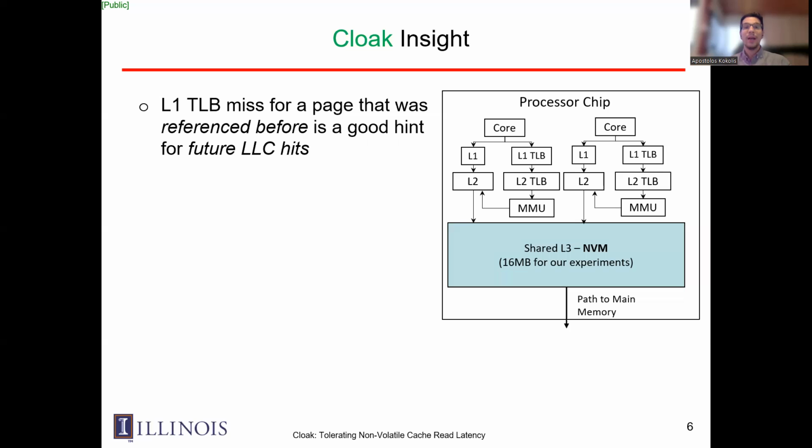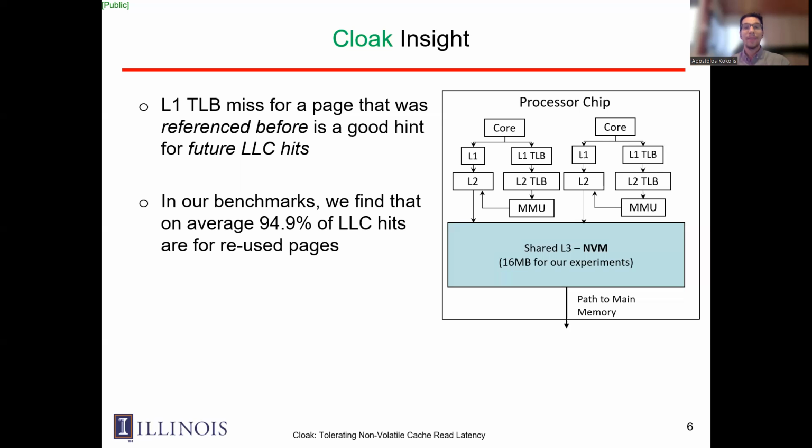Then we run our benchmarks and observe that an L1 TLB miss for a page that was referenced in the past is actually a good hint that some of the LLC resident cache lines will be reused again soon. In our benchmarks, we find that on average, 94.9% of all LLC hits are actually for pages that are being reused.